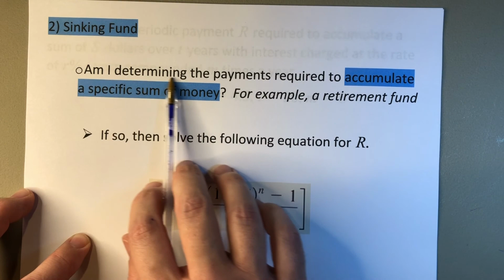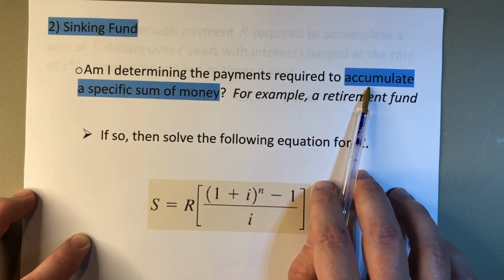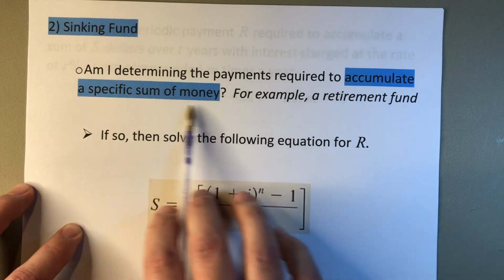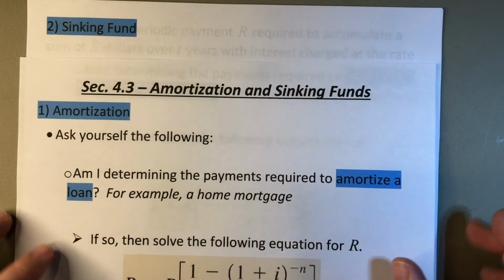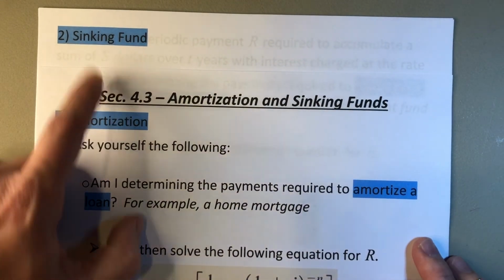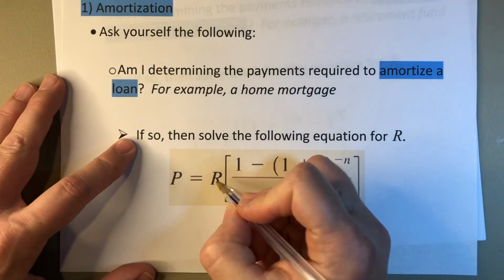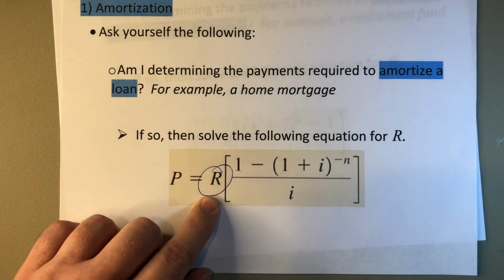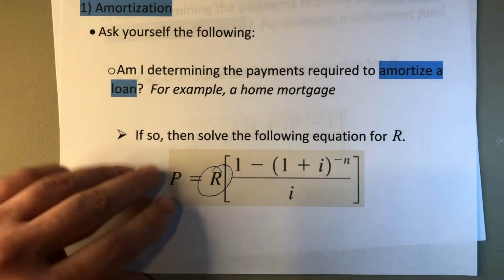Okay, are we trying to determine how much money we'll need to put into an account to accumulate a specific sum of money? All right, so all we're doing here in section 4.3 is solving now for R, which is what is the payment amount to amortize a loan, to pay off a loan?